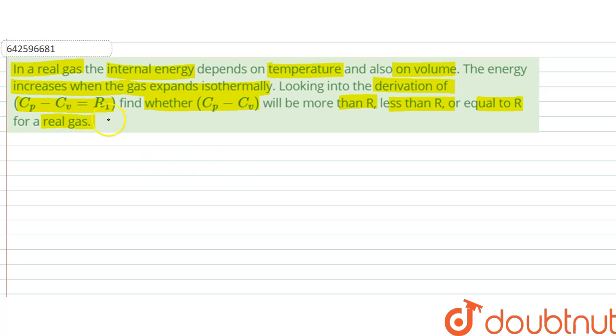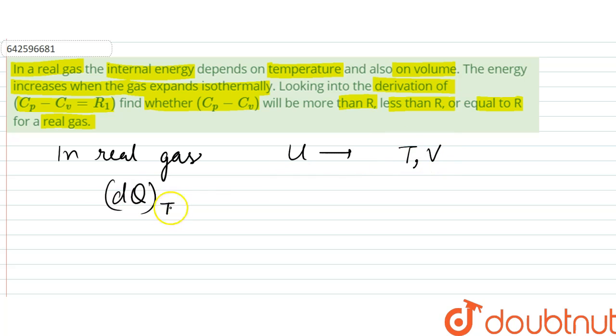So in a real gas, we have the internal energy that depends on temperature and volume. So the derived dQ at constant pressure is equal to dQ at constant volume plus nR dT.